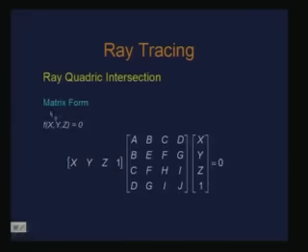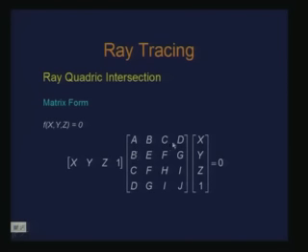So, in fact, there is an interesting way of representing the same quadric in a matrix form, where I have this in the homogeneous form x y z 1, and the coefficients are represented by a 4 by 4 matrix, which is a symmetric matrix.